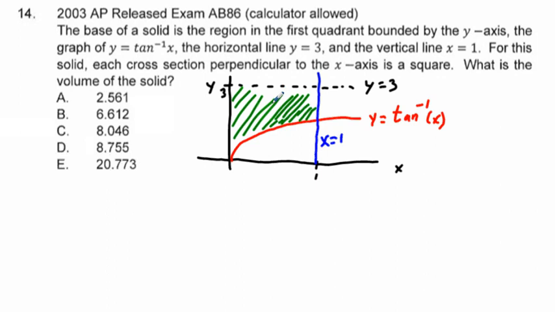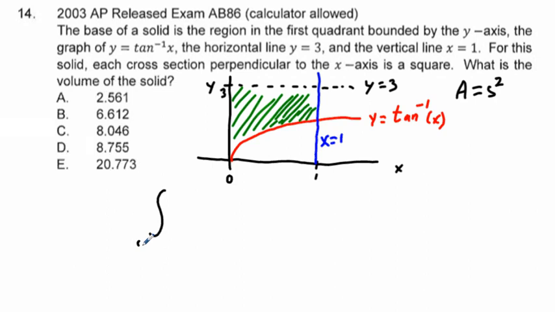And so you're using a square, so we have the formula for area of a square, A equals s squared. And so we're going between x equals 0 and 1. So let's go ahead and put that in place.